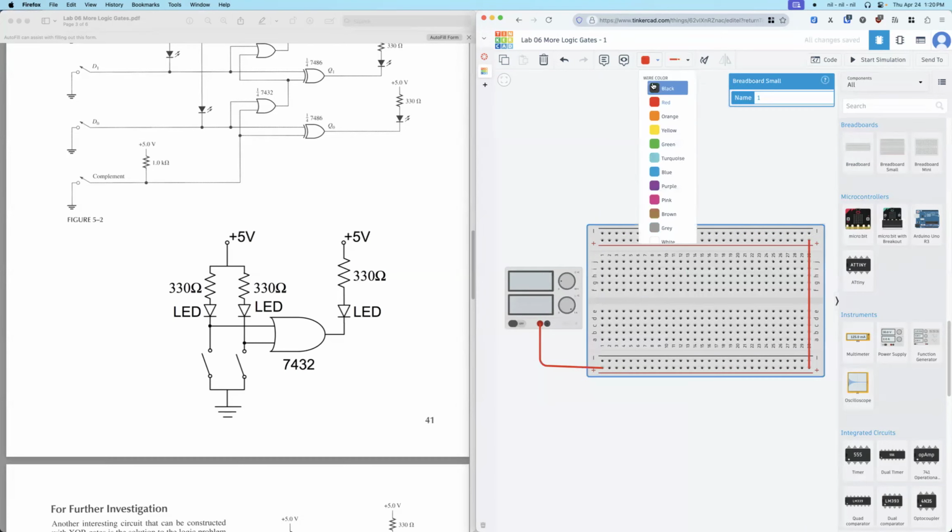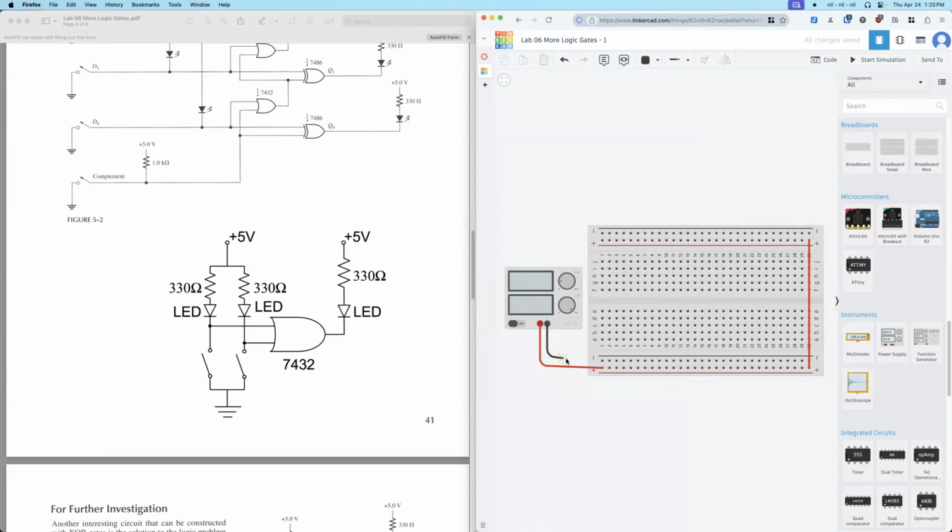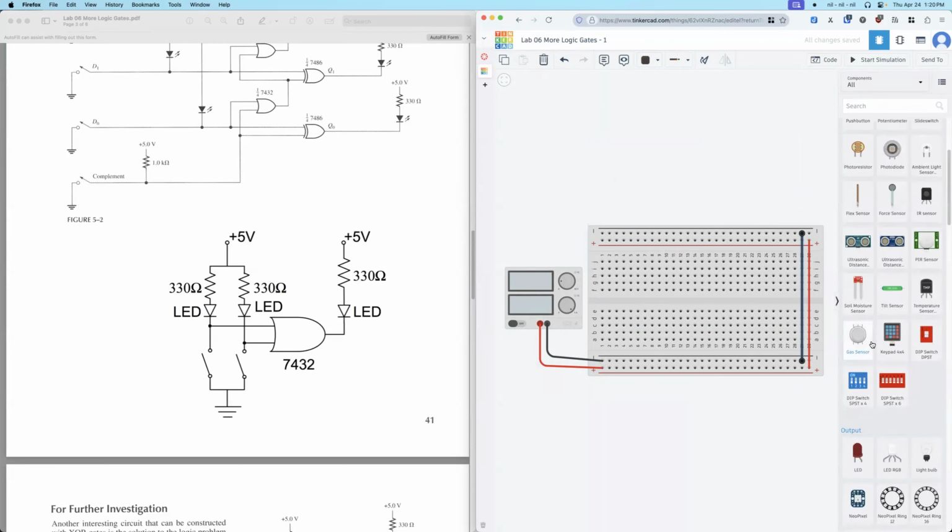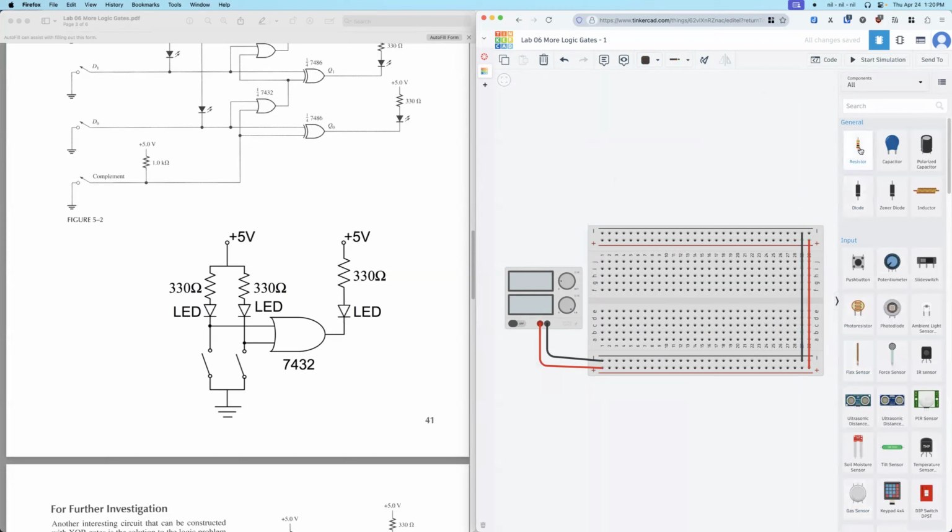Okay, now power lines are connected, positive and negative. Then we need the resistors, 330.